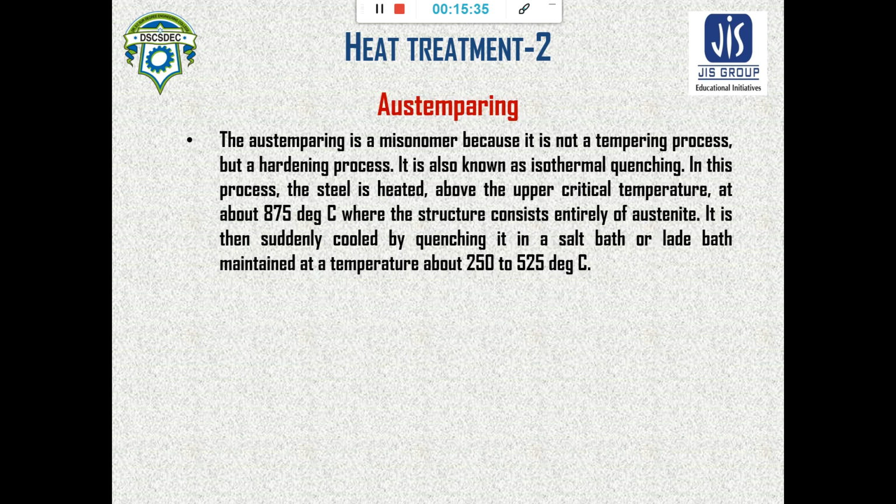Now in case of tempering, there are three types. First is austempering. Austempering is a misnomer because it is not a tempering process but a hardening process. Misnomer means it does not go with its name; the name is not given properly.